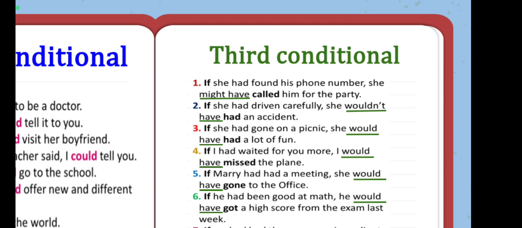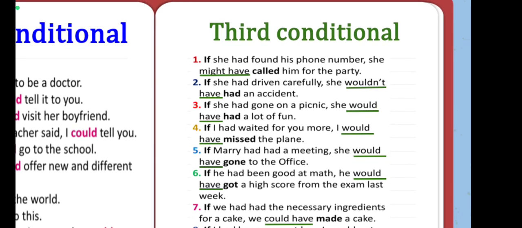So I'll choose Oscar. Can you read from number 1 to number 5, please? Number one. If she had found this phone number, she might have called him for the party. If she had driven carefully, she wouldn't have had an accident.